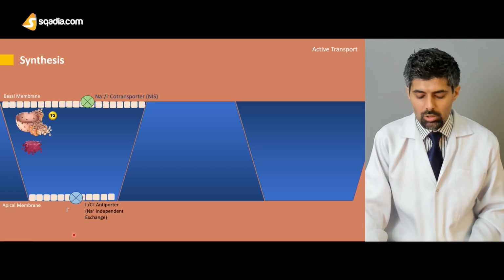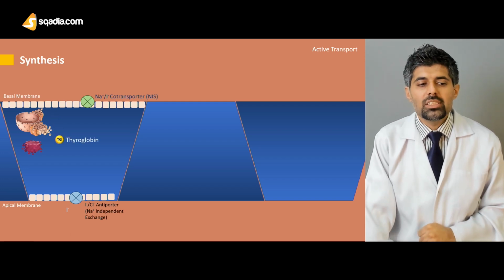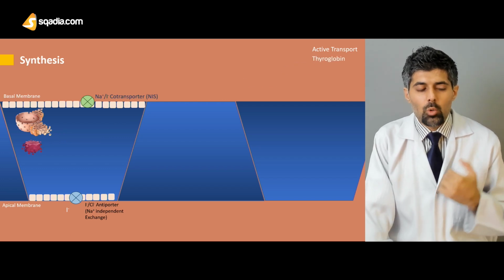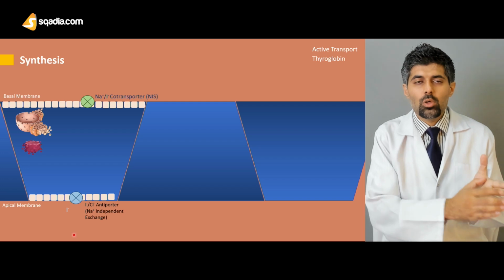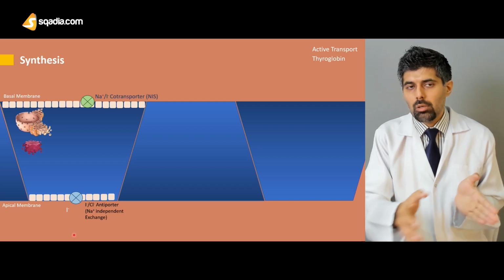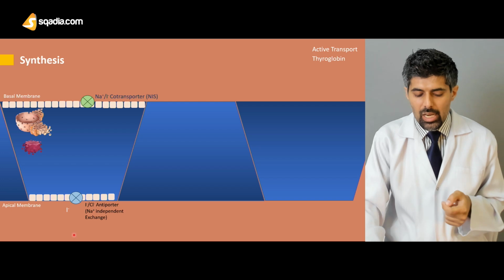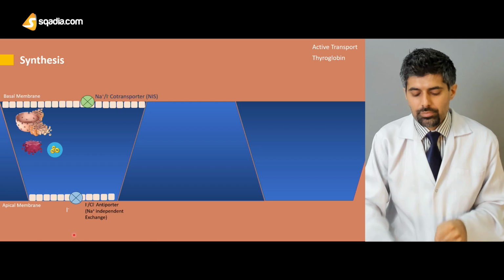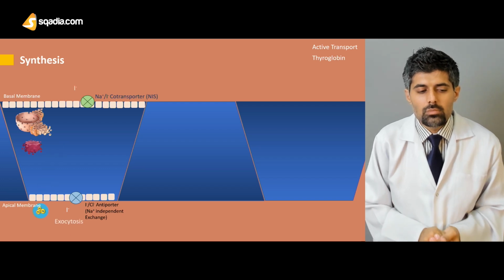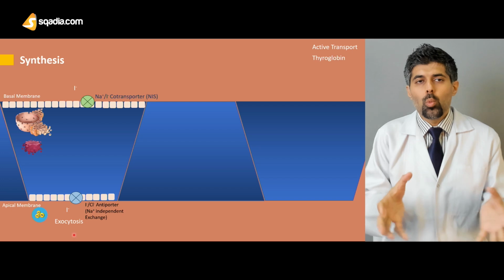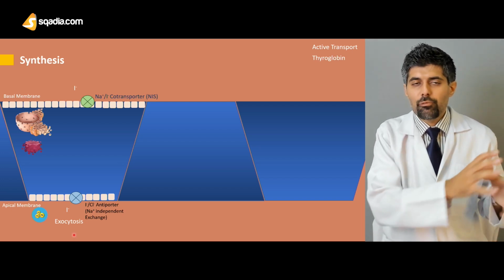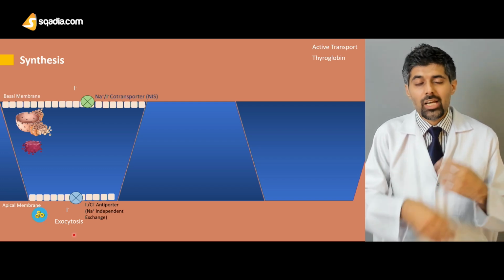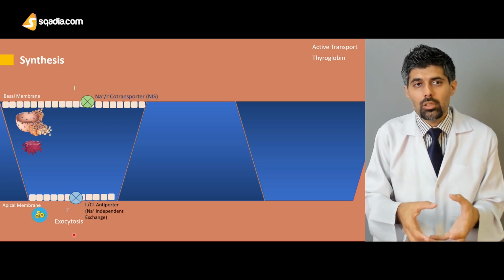So once thyroglobulin is synthesized, it moves through the network of both the endoplasmic reticulum and the Golgi apparatus. When the follicle is filled with thyroglobulin, it starts to exocytose into the follicle.